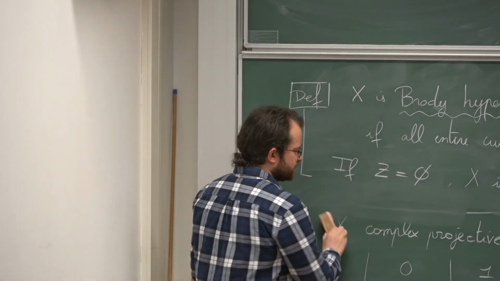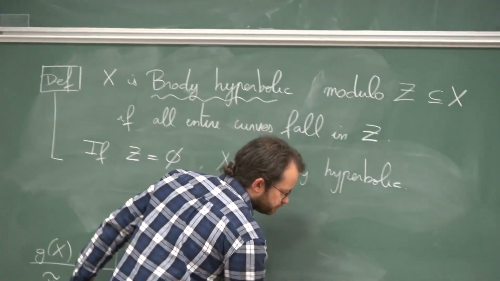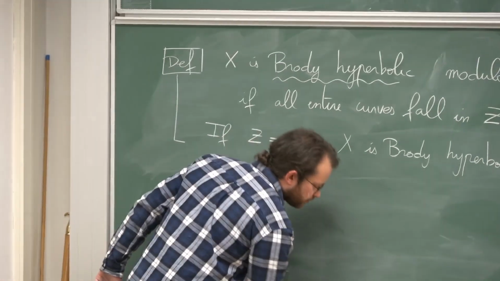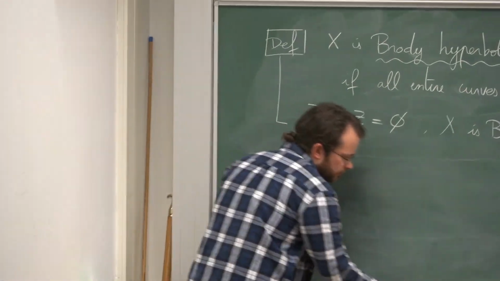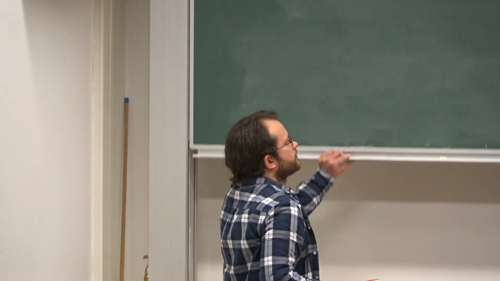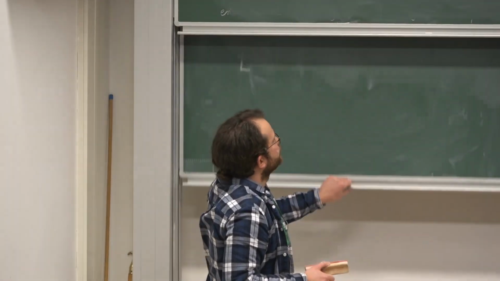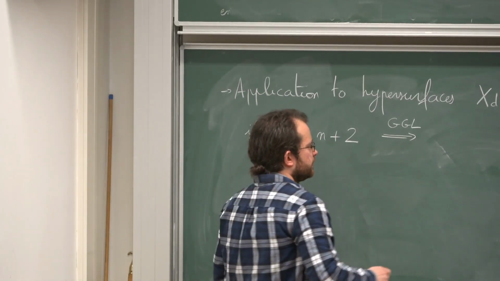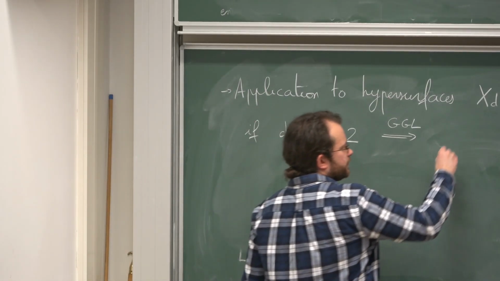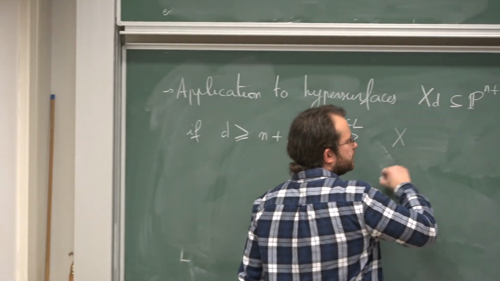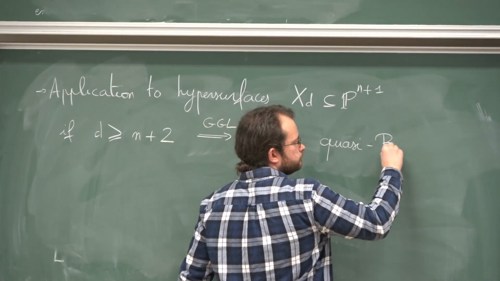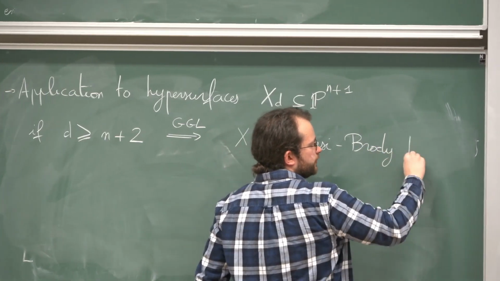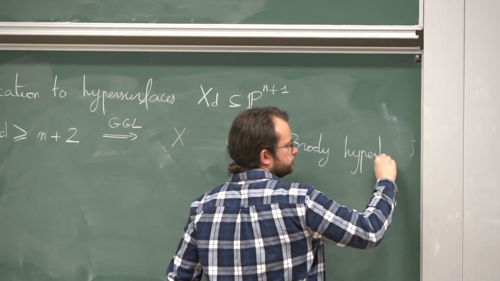Okay, and if X is broadly hyperbolic modulo a subset, we sometimes say that X is quasi-broadly hyperbolic or pseudo-broadly hyperbolic. So if d is larger than n plus 2, then X should be quasi-broadly hyperbolic, that is broadly hyperbolic modulo a subset.